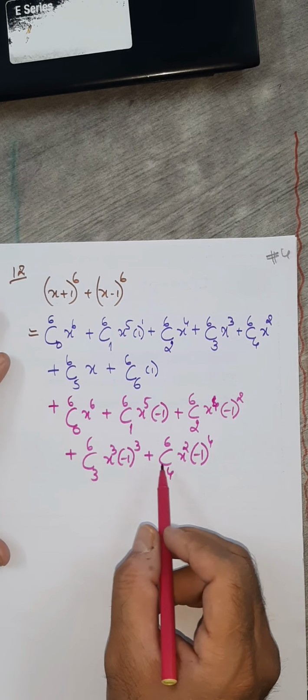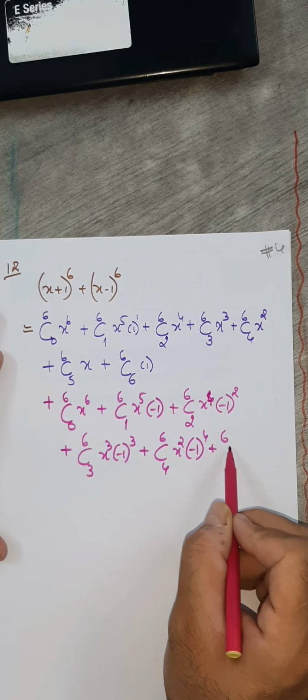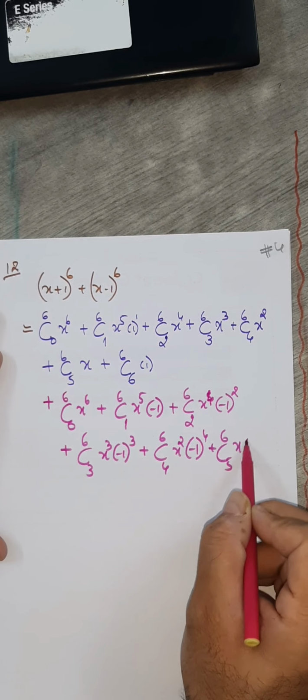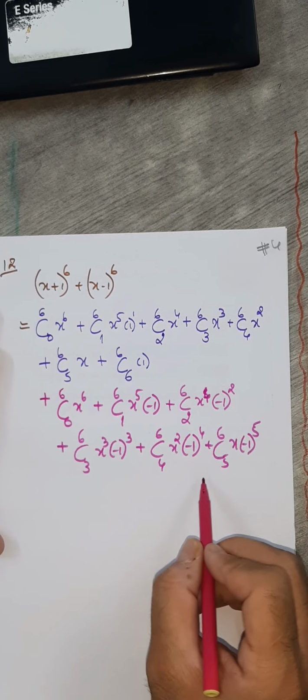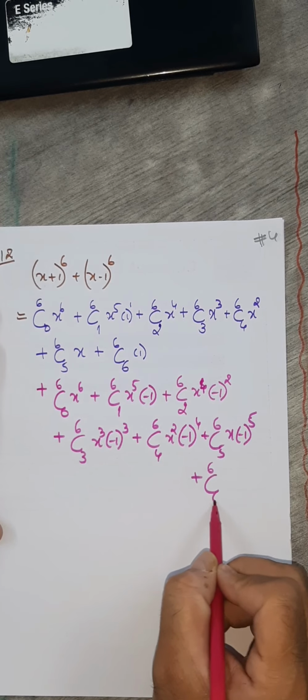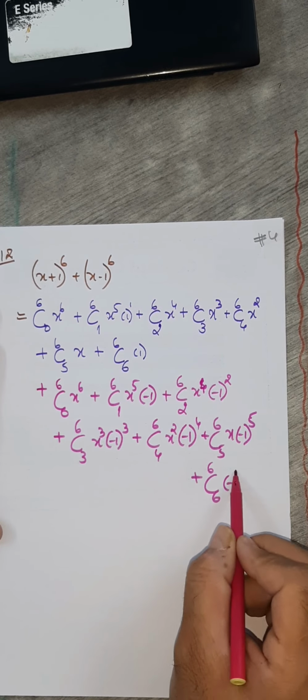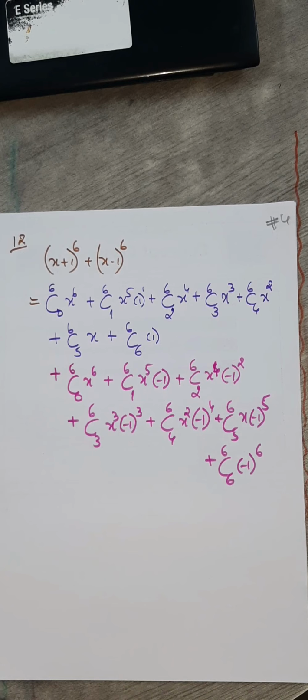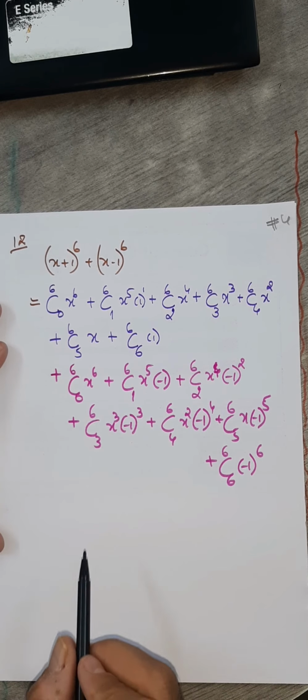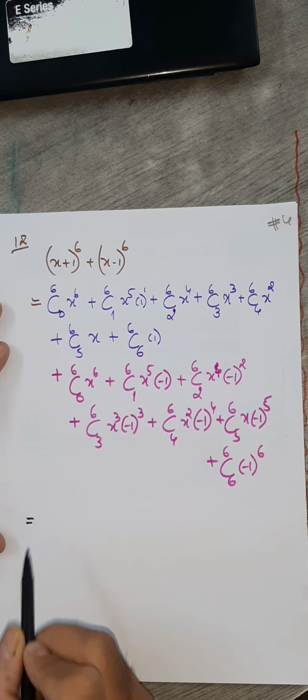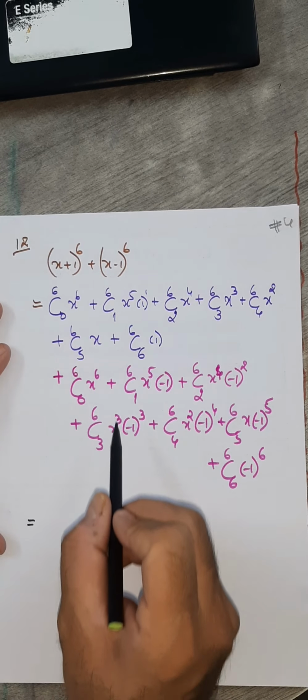So this remains plus only. 6c5 x into minus 1 raised to 5. And finally 6c6 into minus 1 raised to 6. This is even. So you will see that a number of terms will get cancelled. And many of them will be double. Half of them will be double.